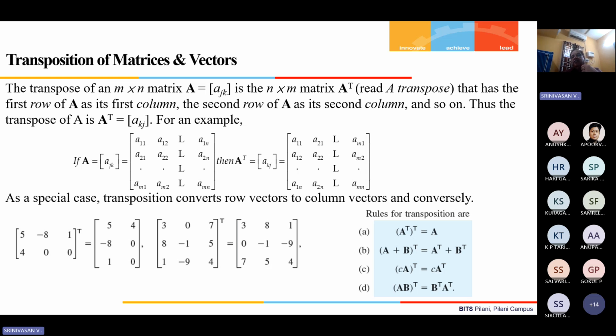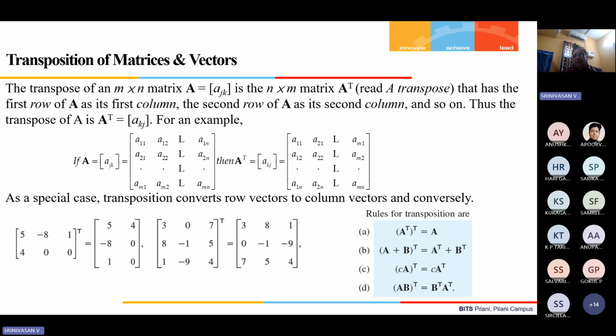Now, rules for transposition. The act of finding the transpose can be called transposition, isn't it? The transpose of the transpose of a matrix A is A. Then the transpose of A plus B, the transpose of the addition of two matrices, is the sum of their transposes, that is A transpose plus B transpose. The transpose of CA, that is a constant scalar multiplication of a matrix, is nothing but C into A transpose.